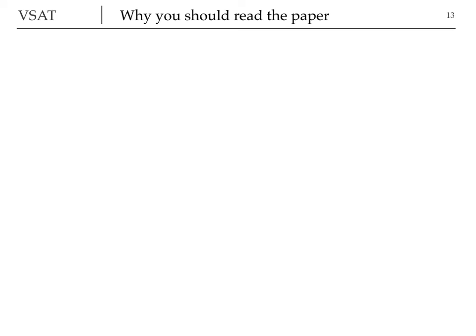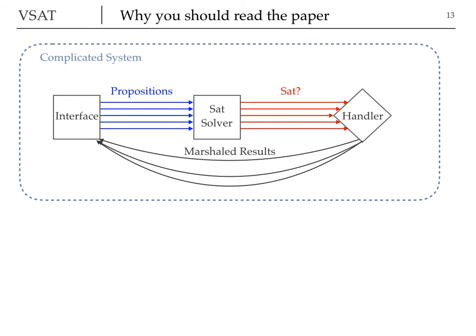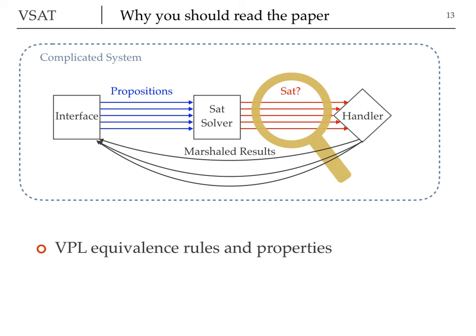Okay, so here's why I think you should read the paper. We started with our complicated system, and I've really focused on the propositional side of this. But remember, for each one of these propositions, we will also have some results coming out of the solver, and I have completely neglected the right-hand side of this. We do have an answer here. We formally defined variational models, but I don't have time to cover that in this talk. So I didn't cover the variational propositional logic equivalence rules and properties.